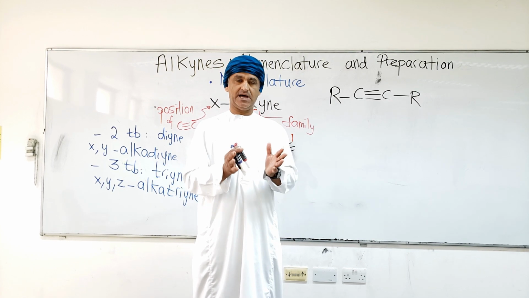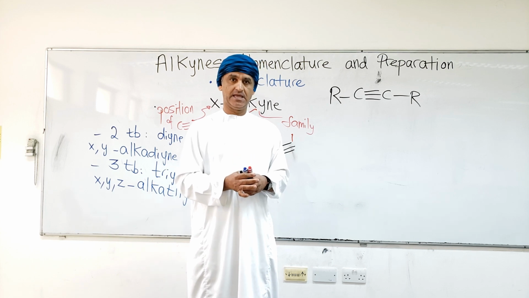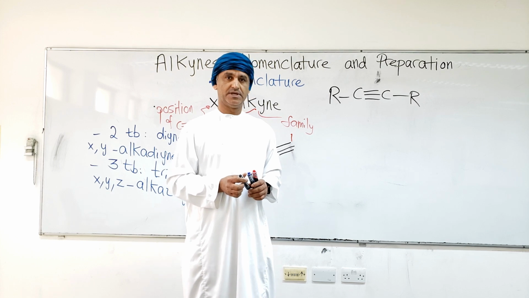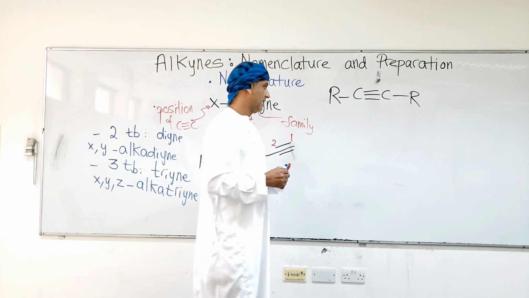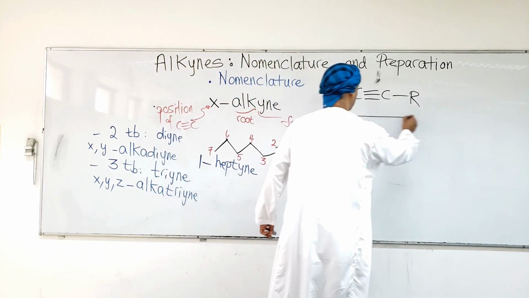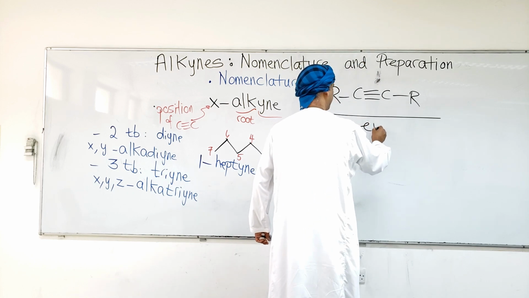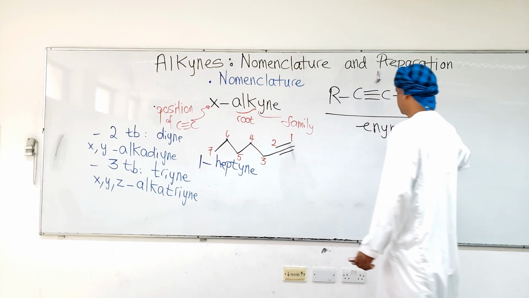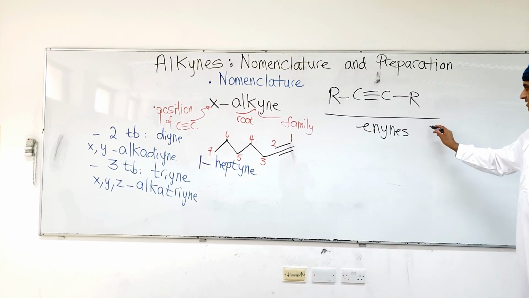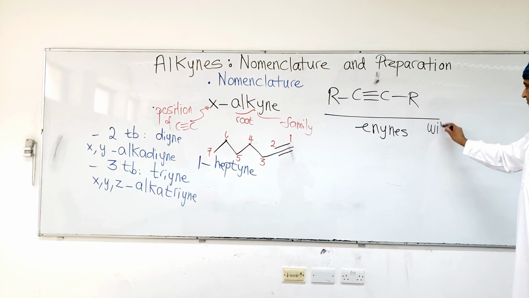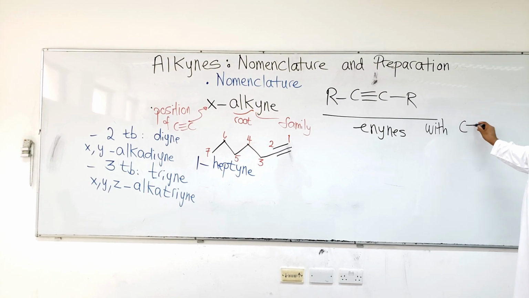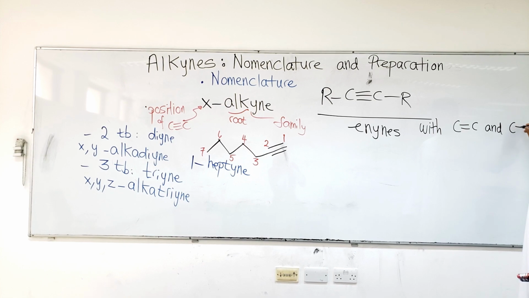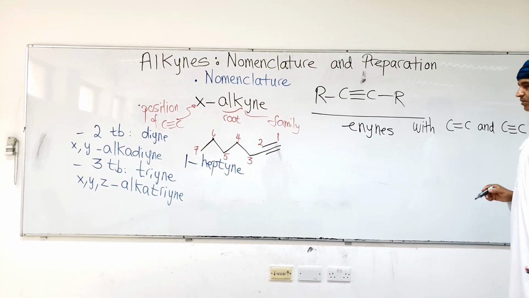These compounds that contain both are generally termed enynes. So enynes are compounds with a carbon-carbon double bond and a carbon-carbon triple bond.